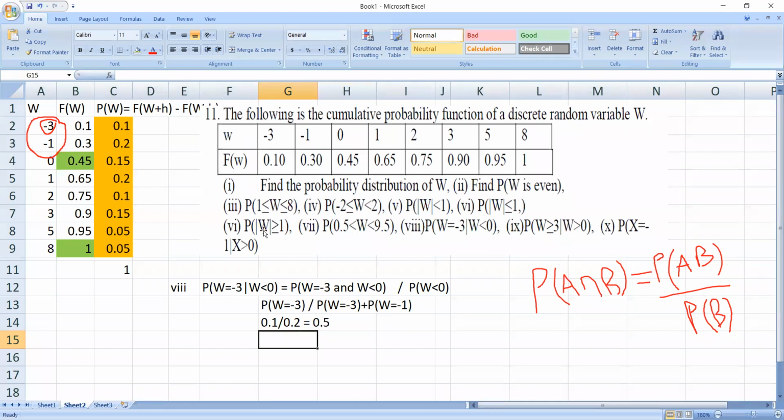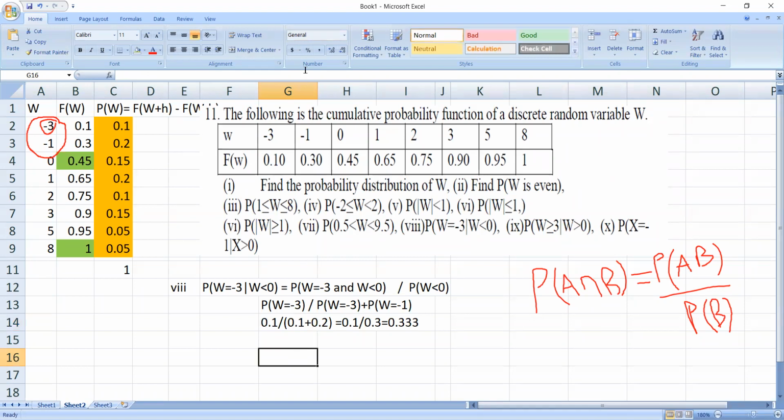Sorry, 25% should have come. 0.1 should have come, right? That will be 1 divided by 0.3, which comes to 0.33. Okay. So 30% chance that it takes that.